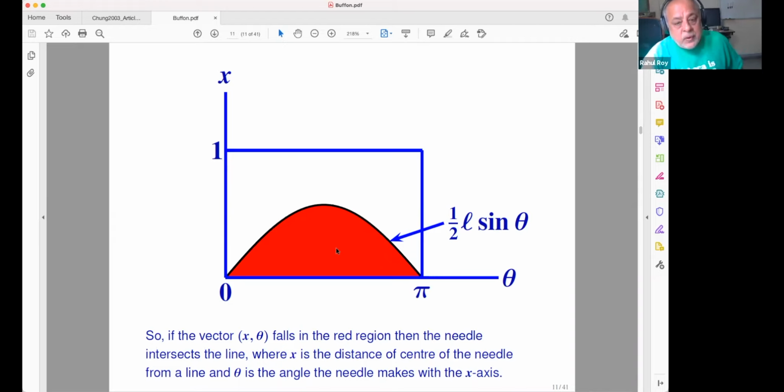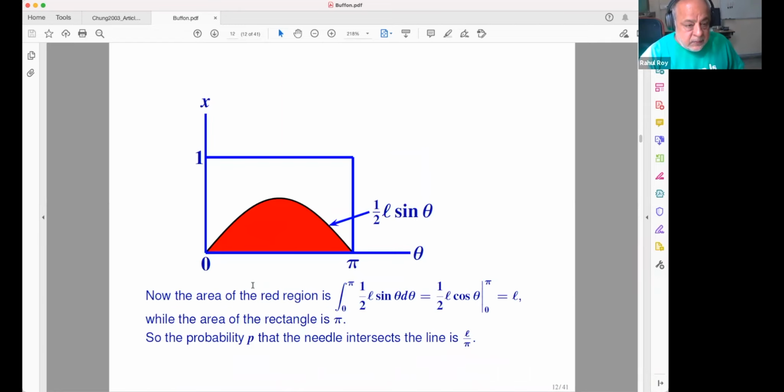So what we want to find, therefore, is the area of this red region divided by the area of the rectangle, which is pi. So the area of the red region is the area underneath the curve half L sine theta for theta between 0 and pi.